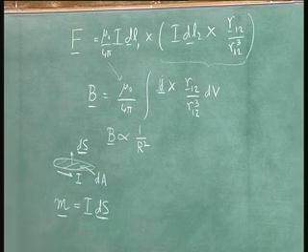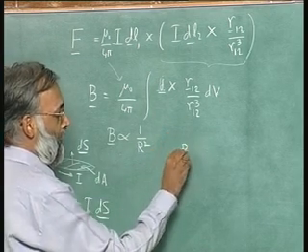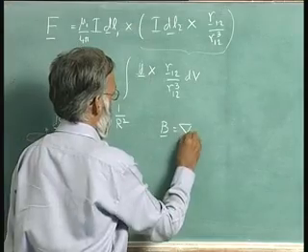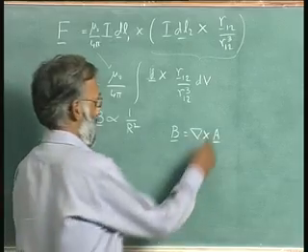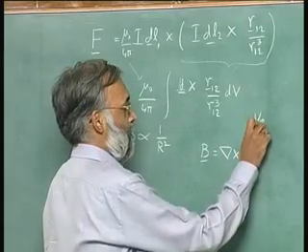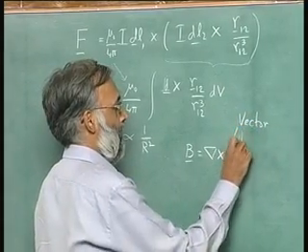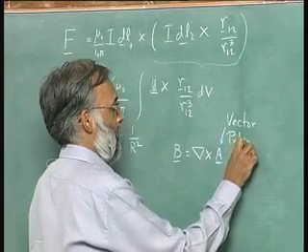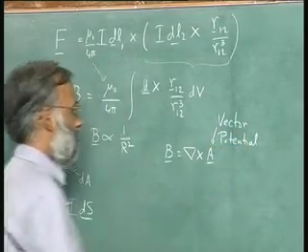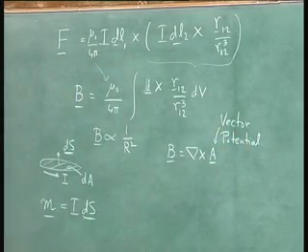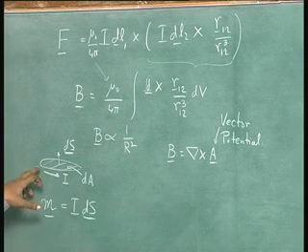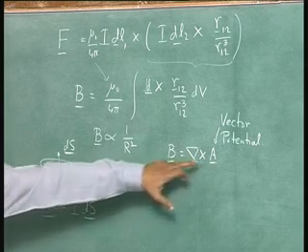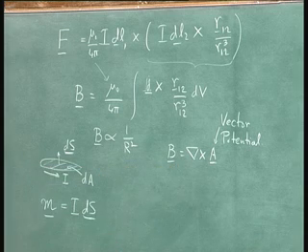First of all, we had also found out that B is equal to curl of something, and that something is called the vector potential. In terms of this vector potential, I could work out B. If I knew A, I just take the curl and I get B.